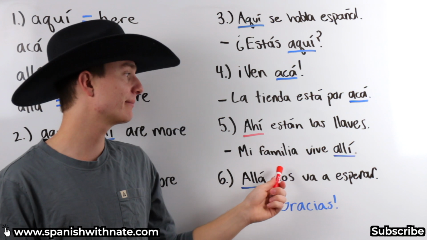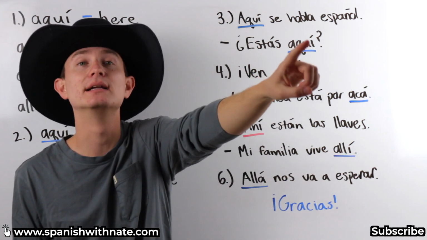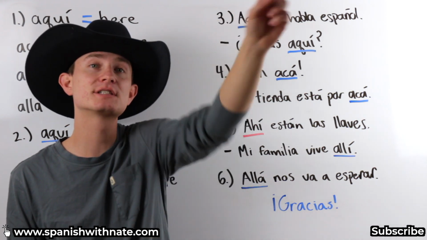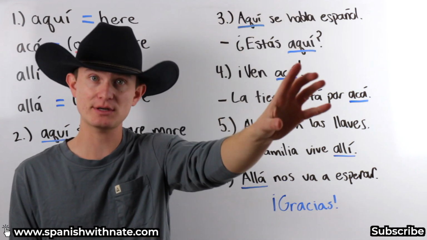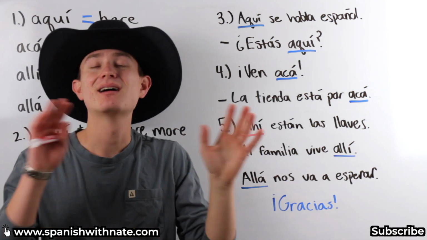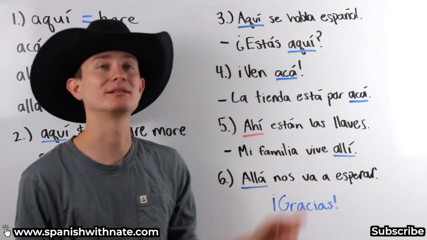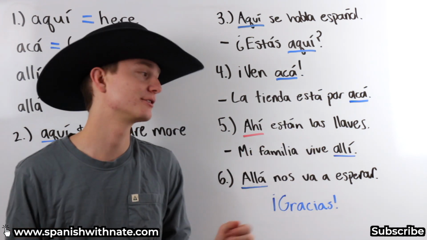My family lives there. Mi familia vive ahí, en esa casa. My family lives there, in that house. So we see it's specific, and it's a little farther away than this ahí. But honestly, don't worry too much about these. Ahí just means there. As long as you remember that, that's all that matters.